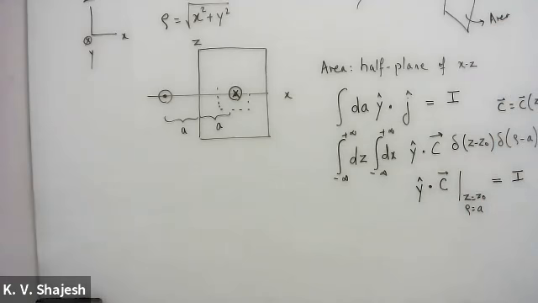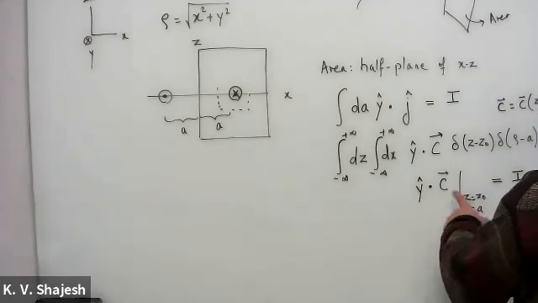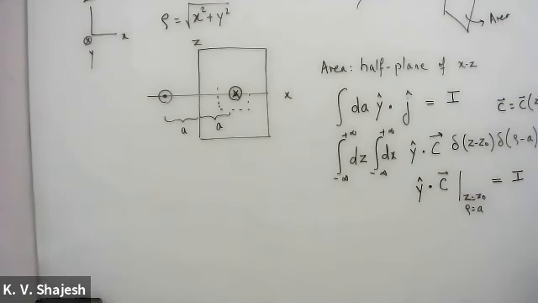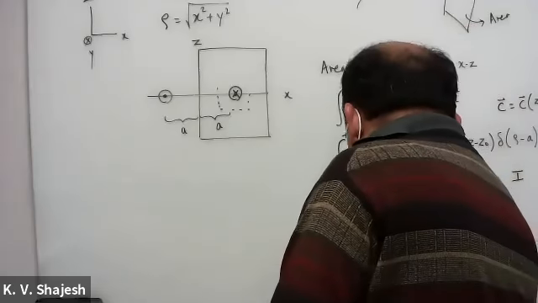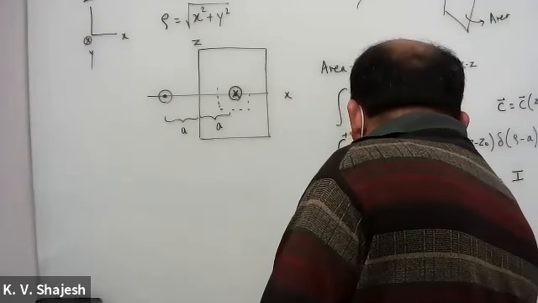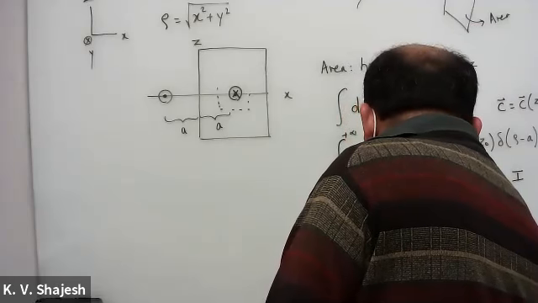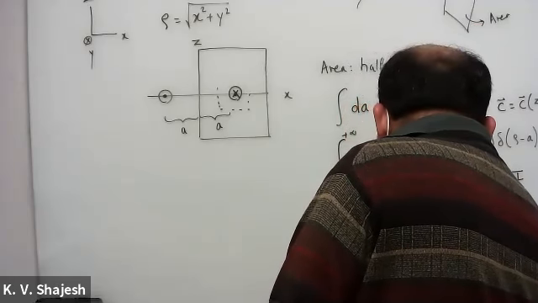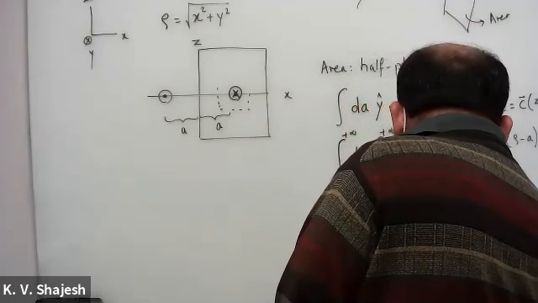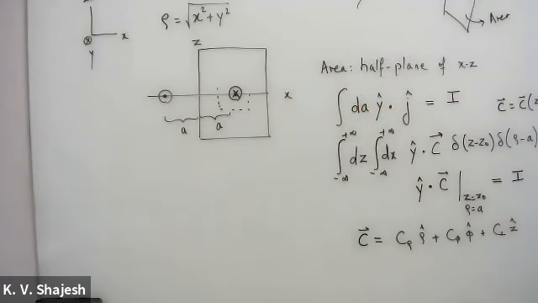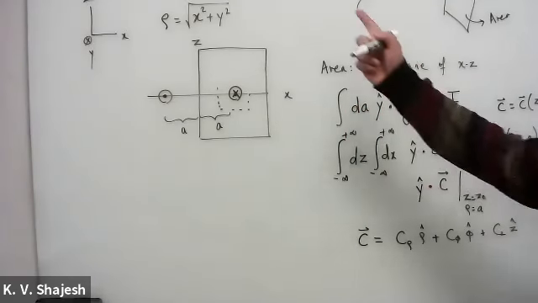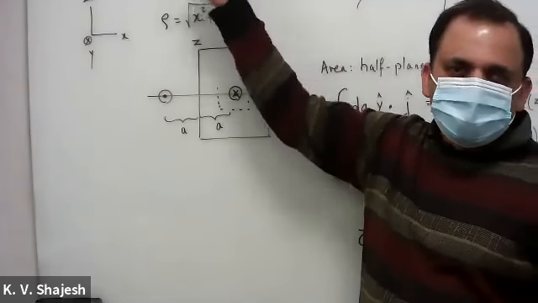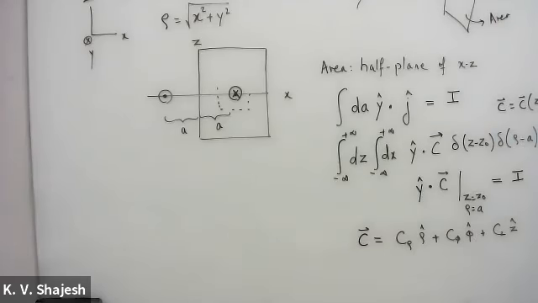That's all we have. And what will C be? First of all, we know that the magnitude of C in the direction of y hat has to be equal to I. What is the most general C you can write? This could be C in the rho direction, rho hat, plus C in the phi direction, plus C in the z direction. So probably what I should have done is that when I'm writing C itself, I should have picked the direction. I know the current direction to be in the tangential direction. So I should have picked that here.